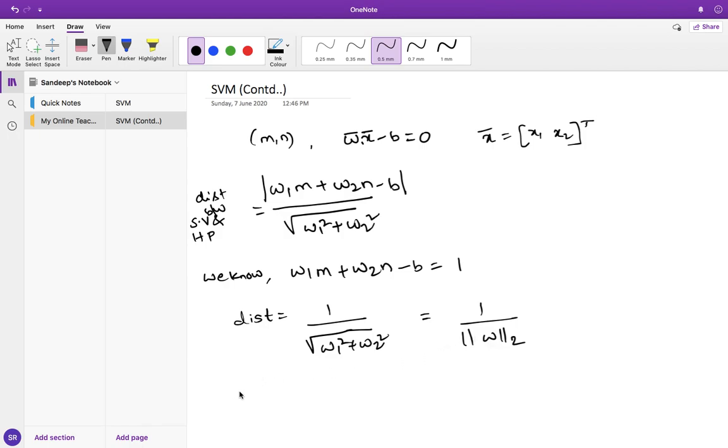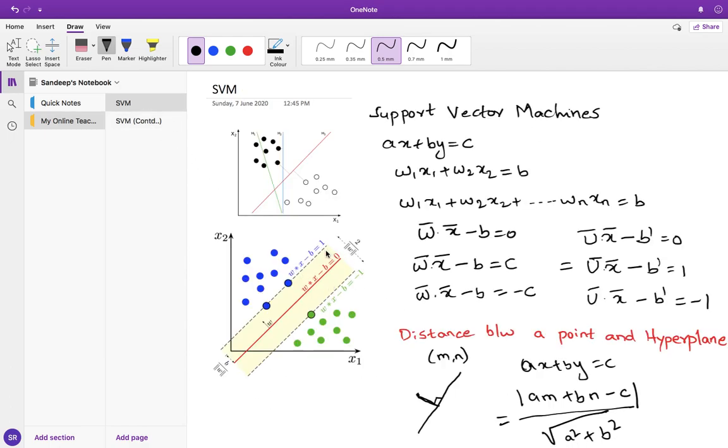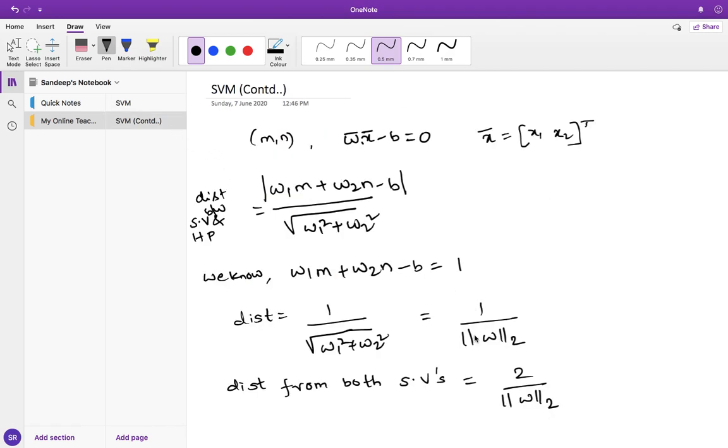If you want the complete distance between both support vectors, that would become 2 by norm of w, because each side has this distance and the distances are equal. Let me show it from the graph. You have 1 by norm of w on this side and 1 by norm of w on this side. So the total distance becomes 2 by norm of w. This equation is important in getting to the core of the SVM. So let us move forward.